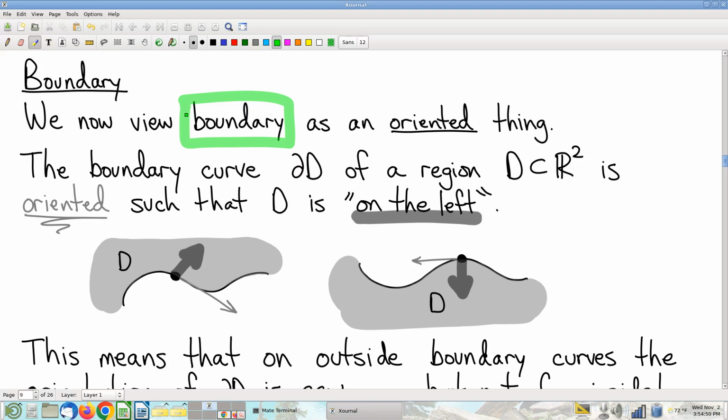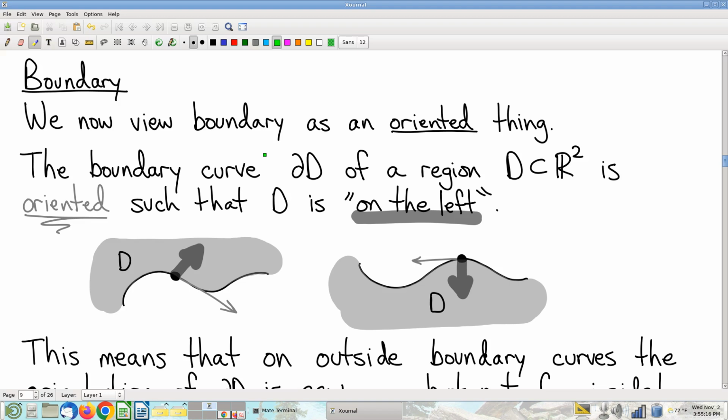Okay. Importantly, going forward, henceforth, a boundary is going to be an oriented thing. Anytime you hear the word boundary, you should think, okay, that's an oriented boundary. And so we have to make a convention as to which of the two possible orientations we should pick.